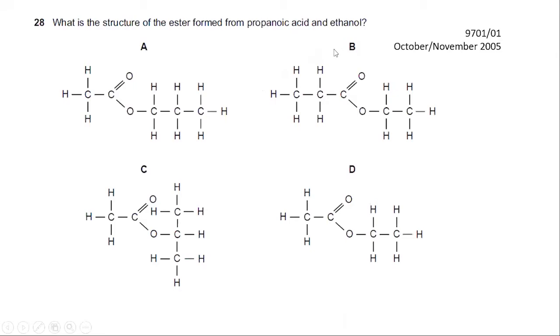So, propanoic acid would be 3 carbons long with a carboxylic acid group at the end of it, while ethanol would be a 2 carbon long compound with a hydroxyl group at the end of it.